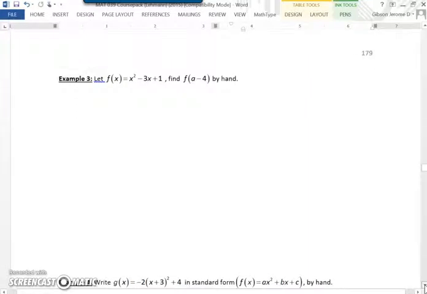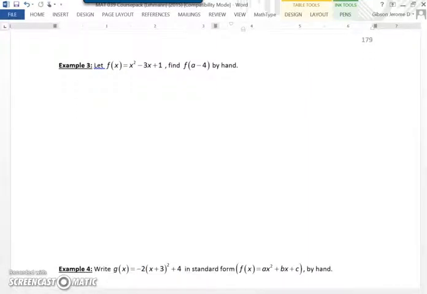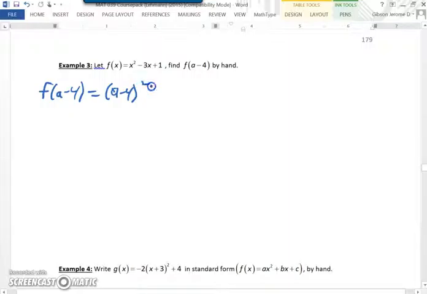Okay, so now we go on to the next page. It says let f of x equals x squared minus 3x plus 1. Find f of a minus 4. So what this is saying is we're going to replace x with a minus 4. So f of a minus 4 is equal to a minus 4 squared minus 3 times a minus 4 plus 1.